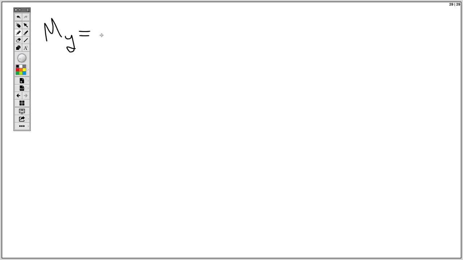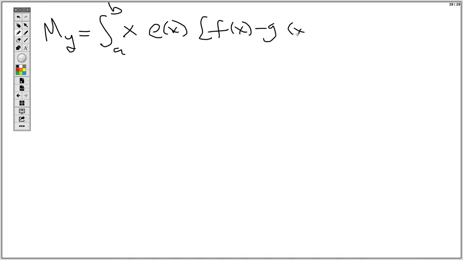So the moment about the y-axis is the integral from a to b of x times rho of x times f of x minus g of x dx. So that's using our formulas there.